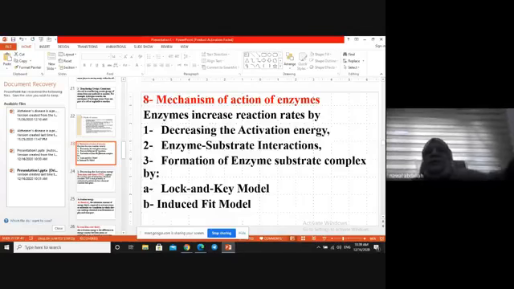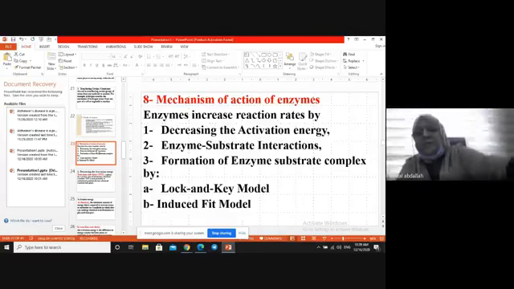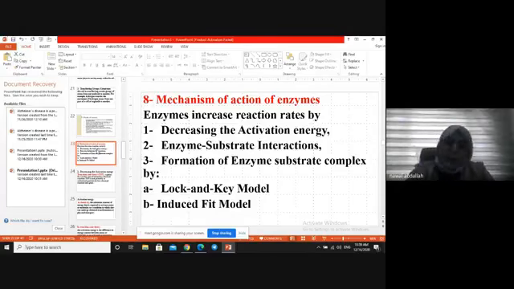Enzymes increase reaction rates. What is the work of the enzyme? Its job is to accelerate or increase the biochemical reaction rates. By what?